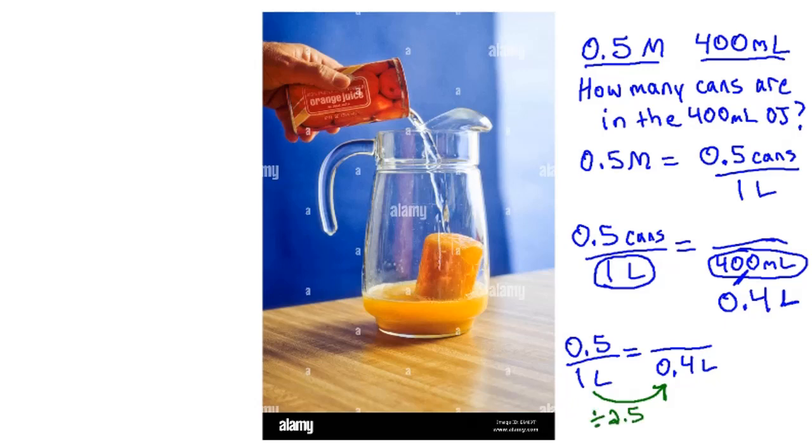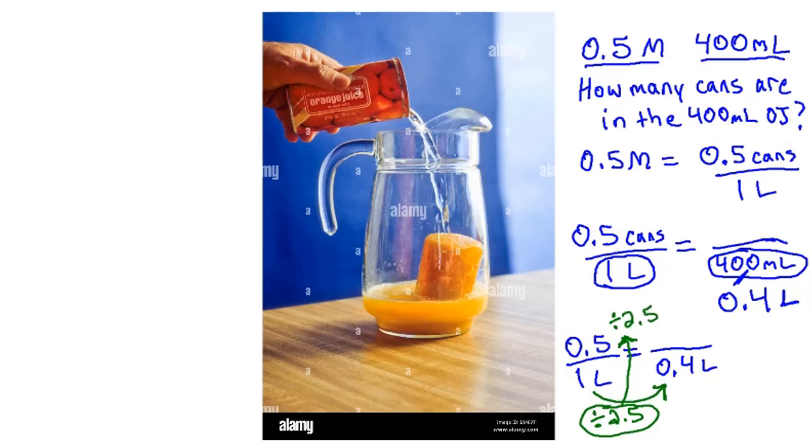So your divisor is 2.5. If you take the 1 liter of orange juice that you started with and you divide it by 2.5, you're going to get 0.4 liters. So we're just going to take that same divisor number and apply it up here to how many cans you have. You started out with 0.5 cans in 1 liter, and we're going to divide that by 2.5.